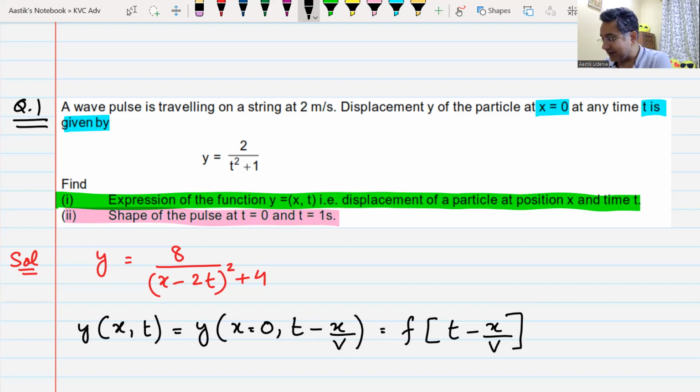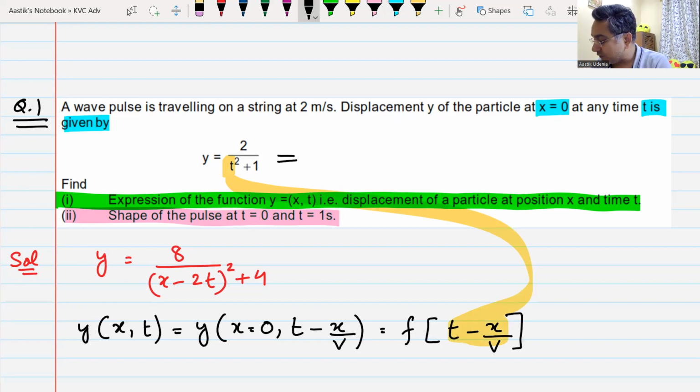Yes, sir. So basically, if you are given this equation, this is the position of the particle. The position of the particle is constant, x equal to 0. So wherever you find t, you just replace this t by this value. That is what you have done. And you get the equation of the wave that is traveling.